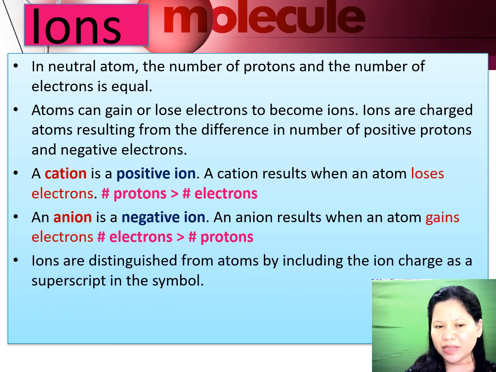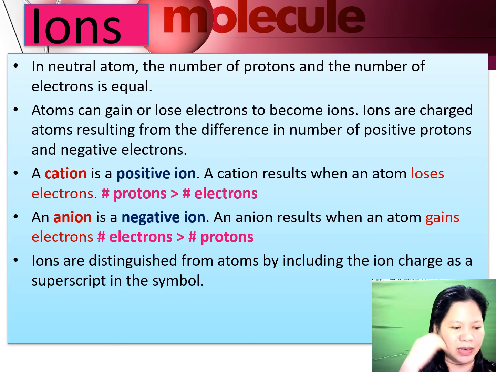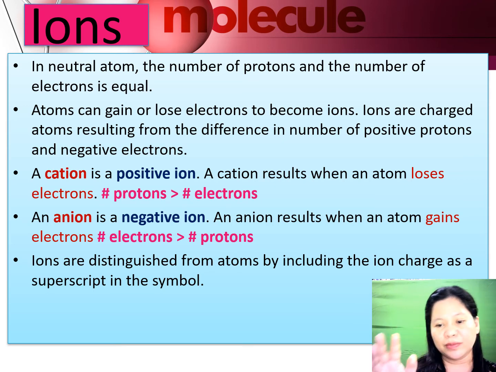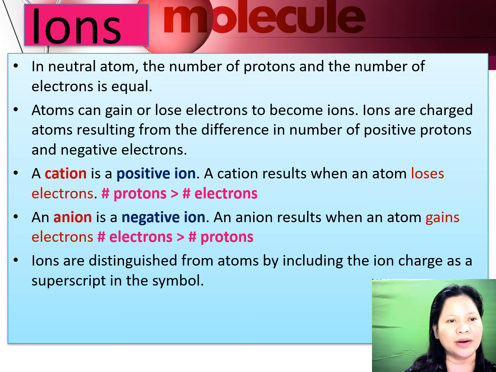Okay, ions are distinguished from atoms by including the ion charge as a superscript in the symbol. That's why you can see in the periodic table that there are positive 1 or negative 1, positive 2, or negative 2. And there are also elements with plenty of ions.